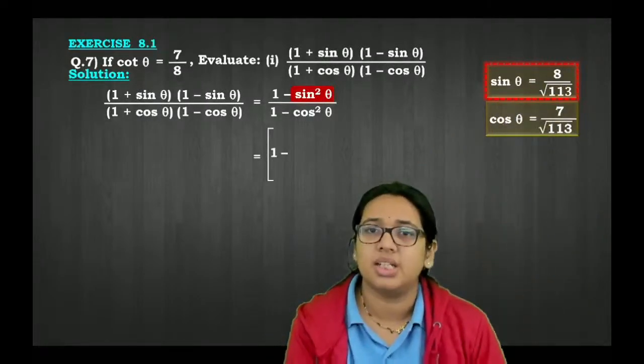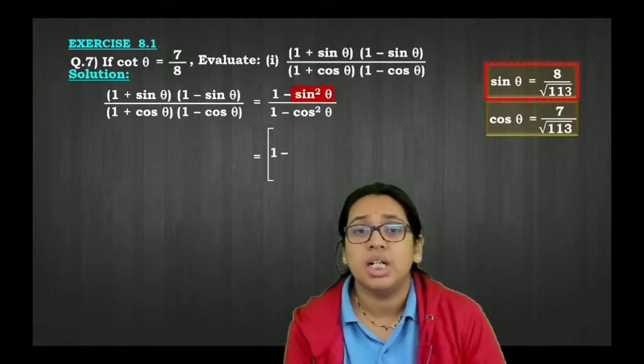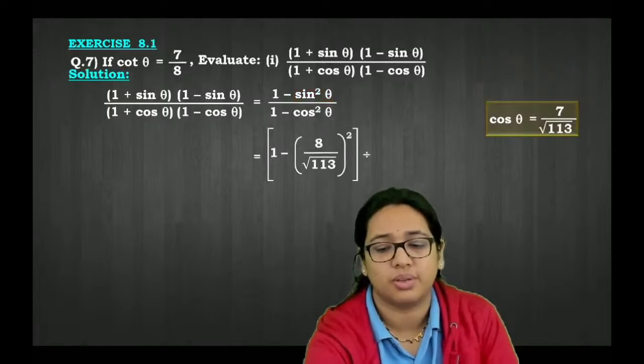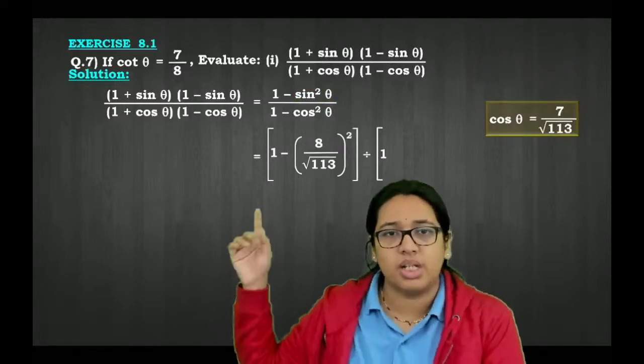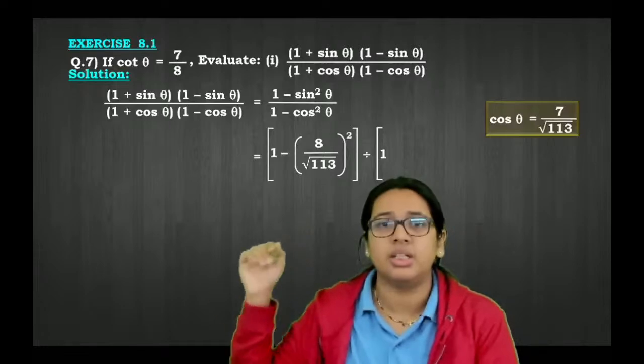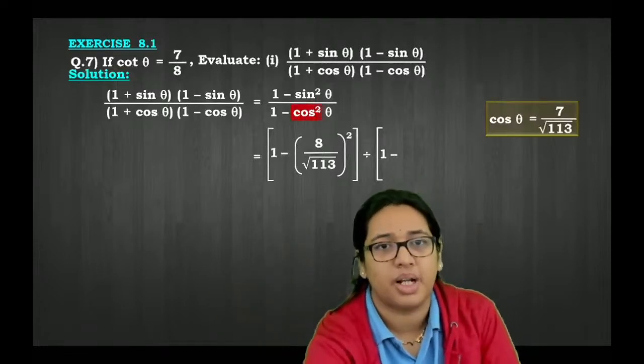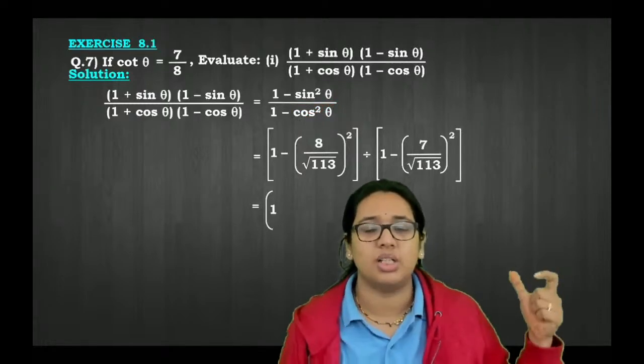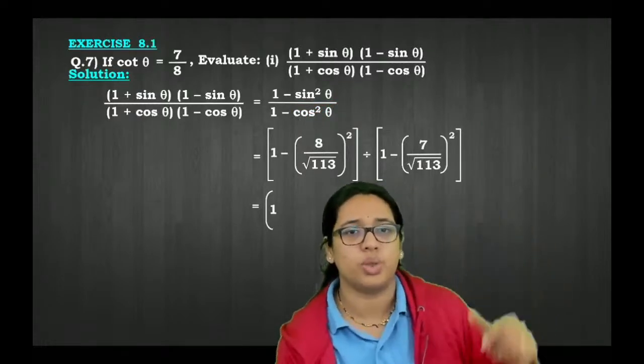So if sin theta is 8 upon root 113, then sin square will be 8 square upon root 113 squaring this, ये मिल जाएगा, right? Divided by 1 minus cos square theta. So cos theta की value will be 7 upon root 113.